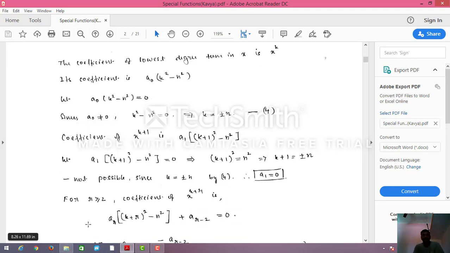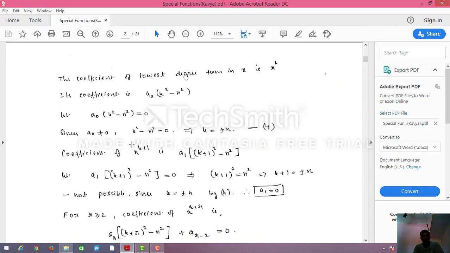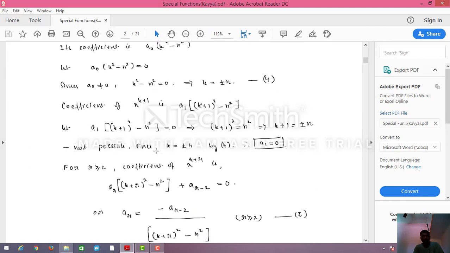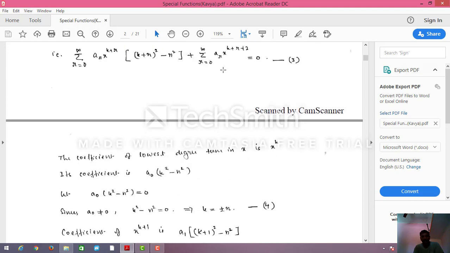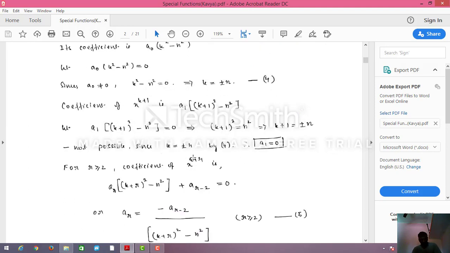Next, for r greater than 2, what will you get? The coefficient of x power k plus r is A_r into k plus r whole square minus n square, plus, replacing r by r minus 2, A_(r-2), equal to 0.